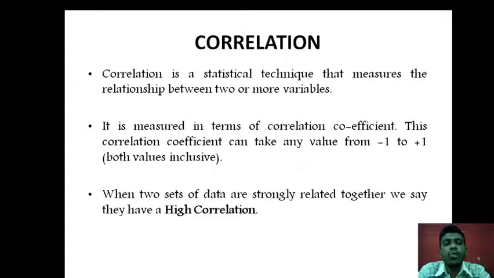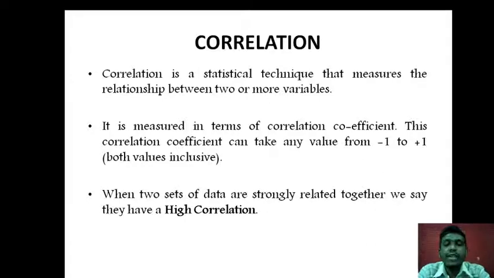The value of correlation coefficient can be anything between -1 to +1. So it can take a value of -1, it can take a value of +1, and any numbers between these, and it can be even 0.